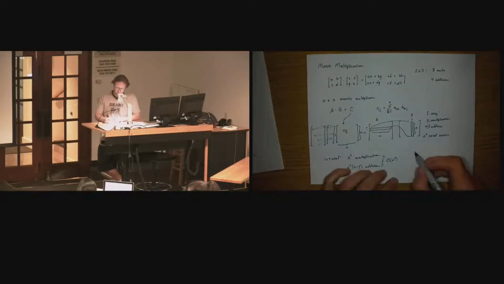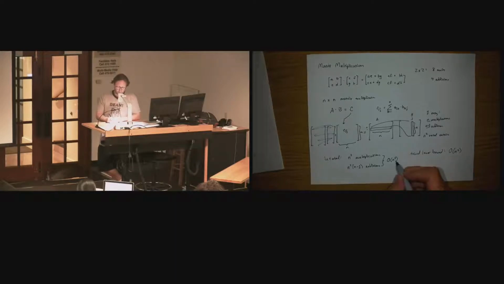So my trivial lower bound on this problem is going to be order n squared, because you have to at least look at the input. So can we get it down to n squared? In other words, from the naive algorithm from n cubed, can we get it down to n squared?